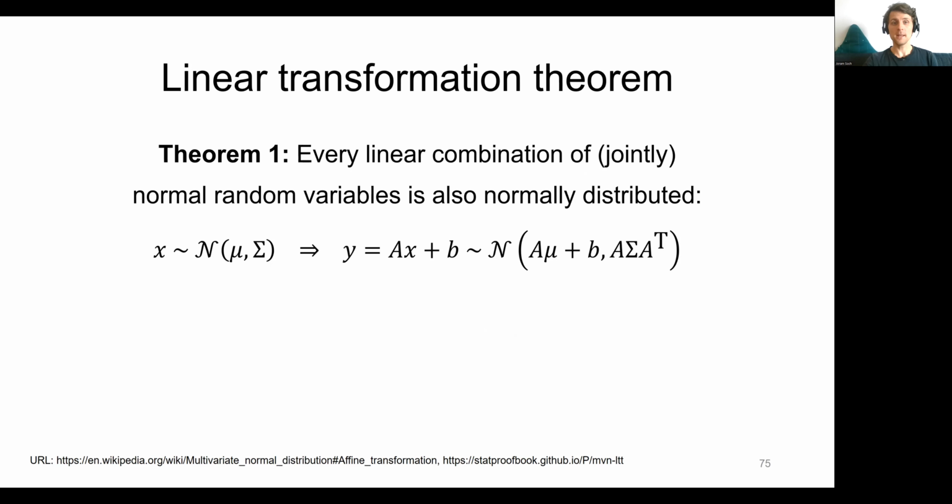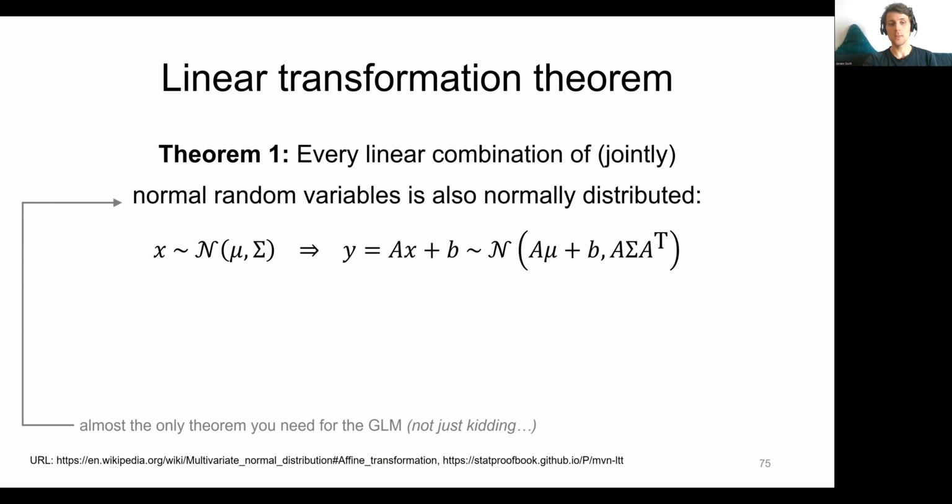Now, for the multivariate normal distribution, there exists the following theorem. Every linear combination of jointly normal random variables, or in other words, of a multivariate normal random vector, is also normally distributed. So this is basically the most important theorem in all of GLM theory.